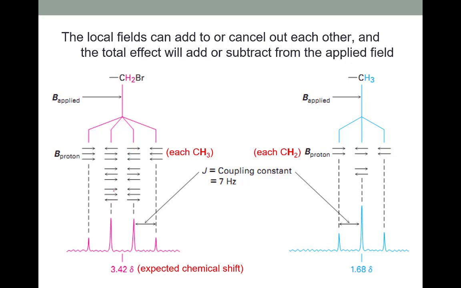And if you draw out all your possibilities here, there are actually 3 different ways that we could get this second peak, and 3 different ways we could get the third peak. That's where we get our 1 to 3 to 3 to 1 ratio. It's based on the probability, the different arrangements that we could get of those 3 magnetic spins.